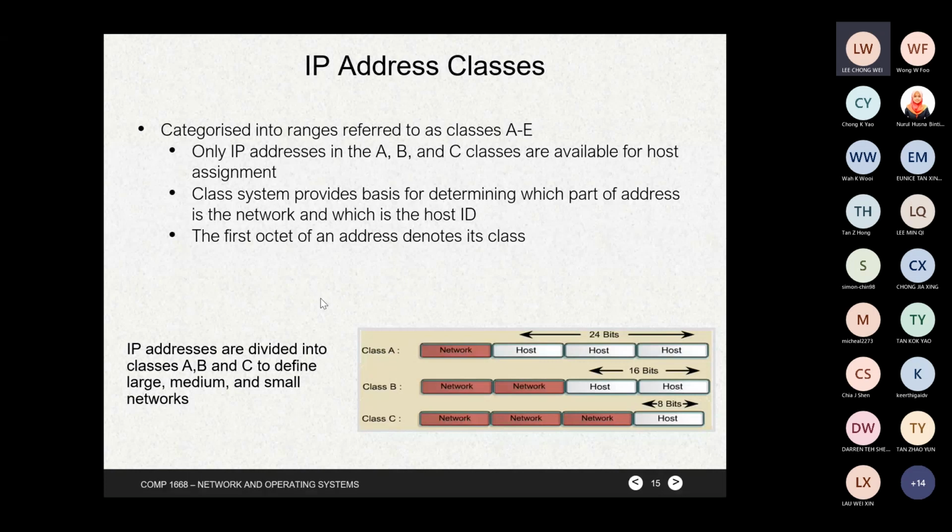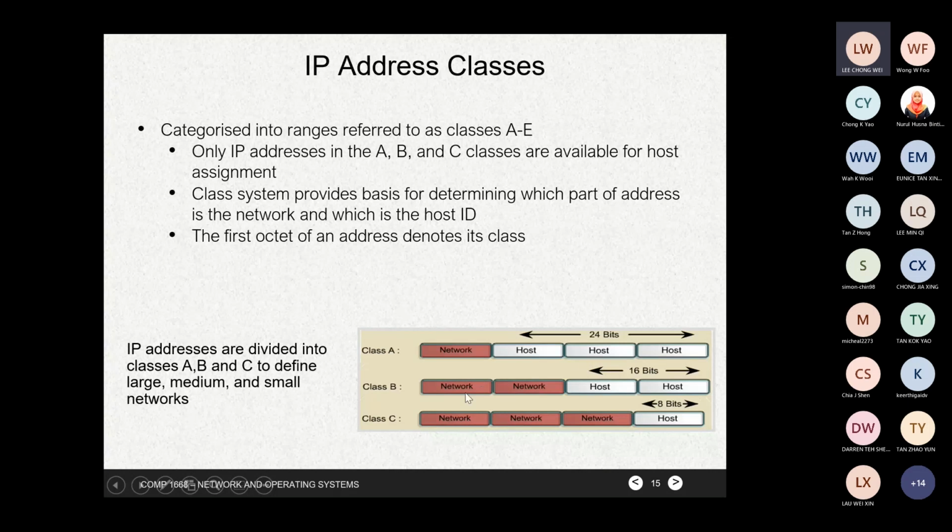How you calculate the number of hosts is very easy. You use the formula 2 to the power of n. So for class A, the number of hosts can be 2 to the power of 24, and the number of networks can be 2 to the power of 8. Not many. This is in one network, just one network, but if you have more networks, you can always have more.